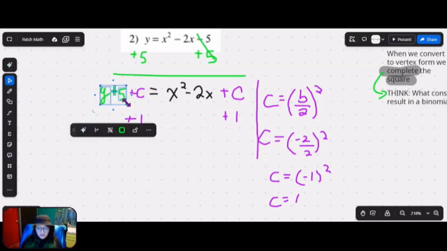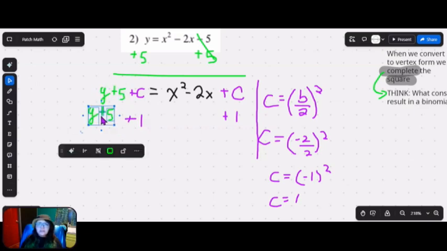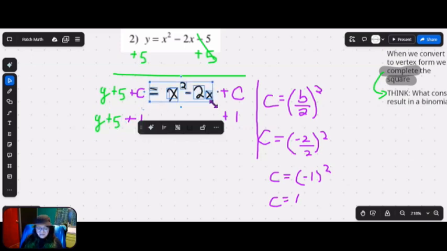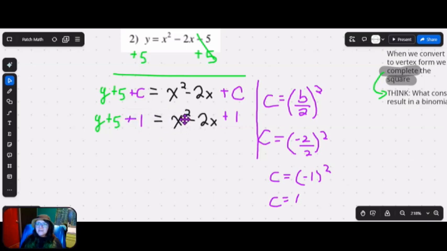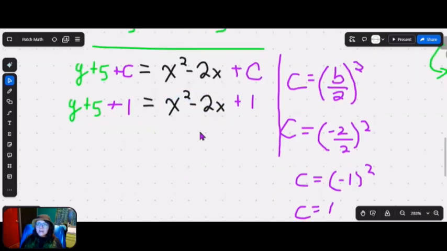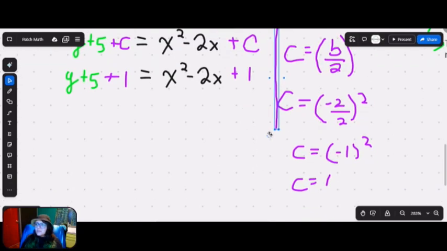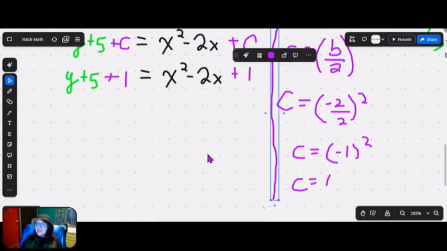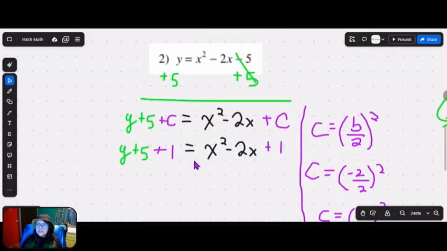This y plus 5, you're just going to come on down and join it, and the rest comes on down too. What we do to one side, we must do the exact same thing to the other. Now, I have a lot of color coding here, and that might be making things confusing. Bear with me just one moment while we finish this up.